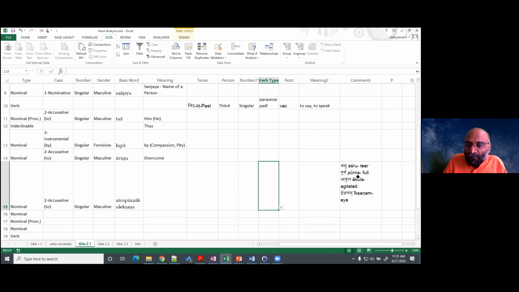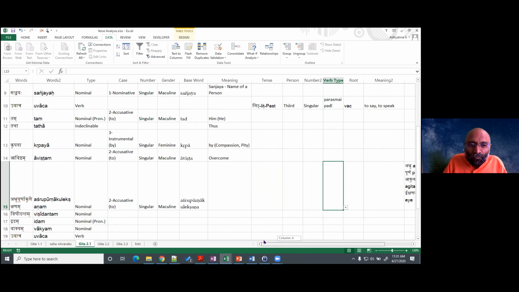If you look at it simply, it is clear that the eye is full of tears and agitated. Yet this compound does not refer to eyes, it refers to a person. This compound is called Bahuvrihi Samasa in Sanskrit. It refers to a person who has eyes which are agitated and full of tears.